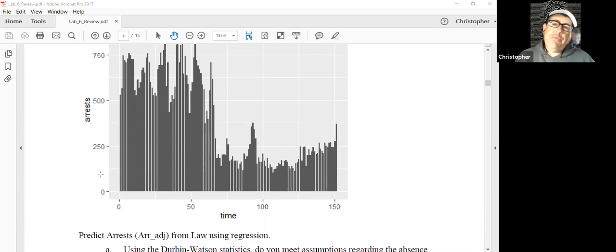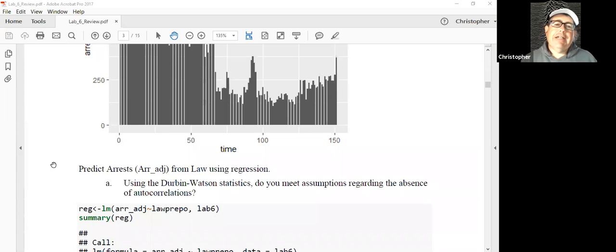So what we're going to do with ARIMA is try to address whether we have a statistically significant time series effect once we take into account autocorrelations and all of those additional assumptions. So the first thing I did is I predicted arrests from law using basic regression.